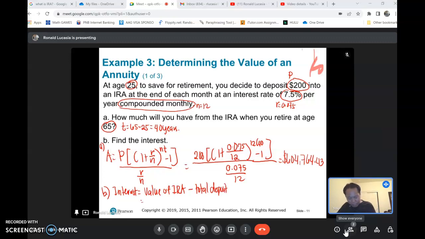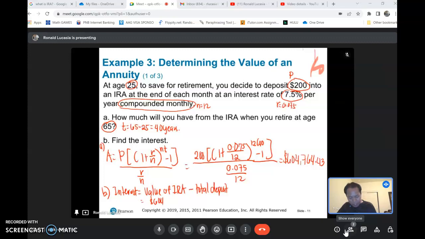So the value of the IRA will be 604,764.43. The total deposit that was made was 200 multiplied by 12 months because it's monthly, and then 40 years, and that will give us 604,764.43 minus 96,000.